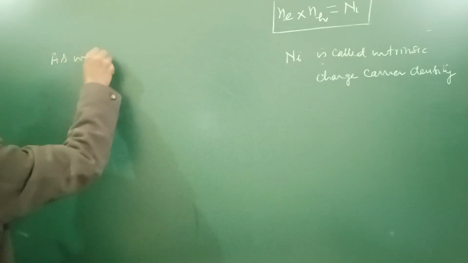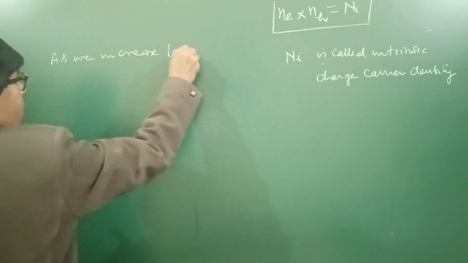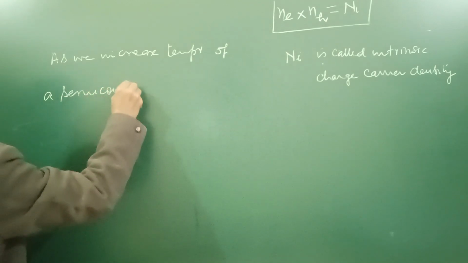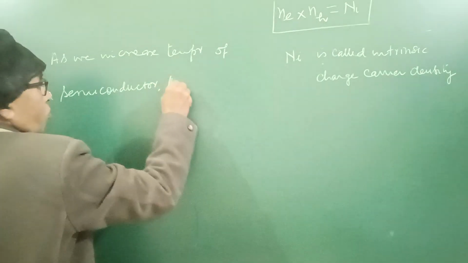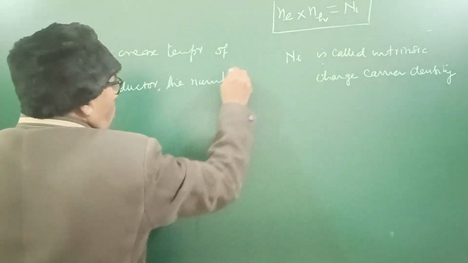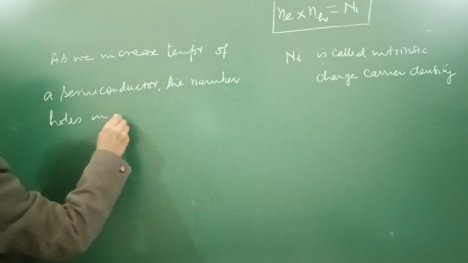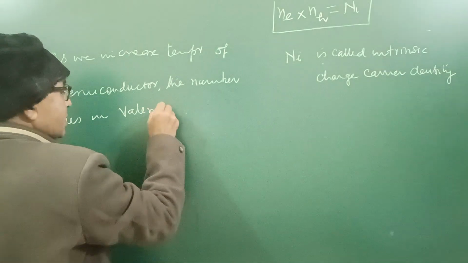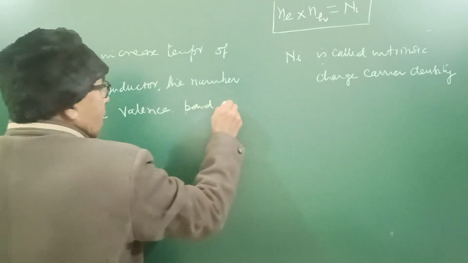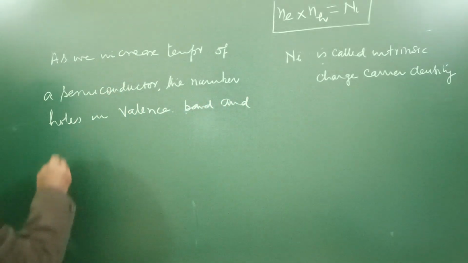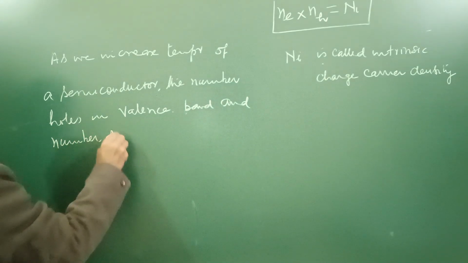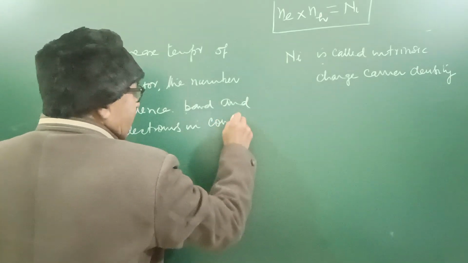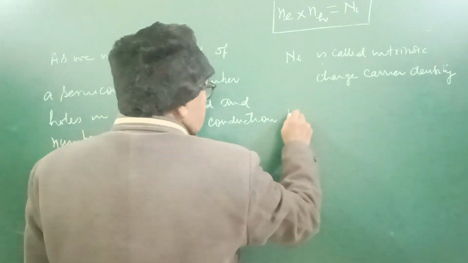As we increase the temperature of a semiconductor, the number of holes in the valence band and the number of electrons in the conduction band increases.